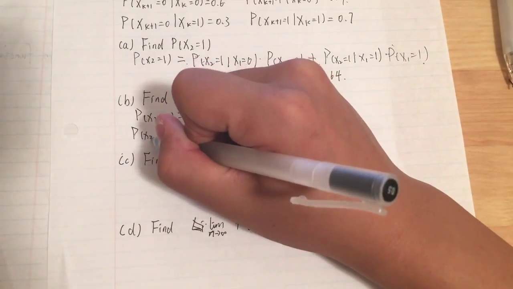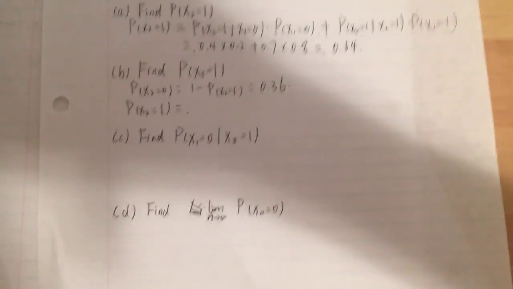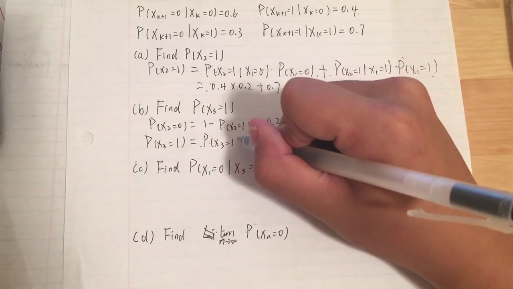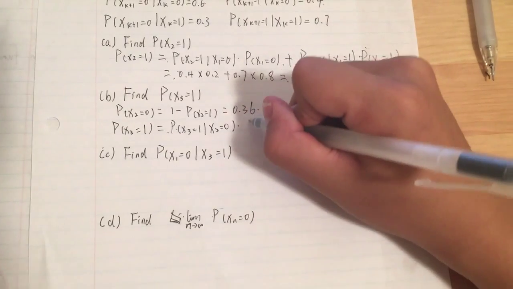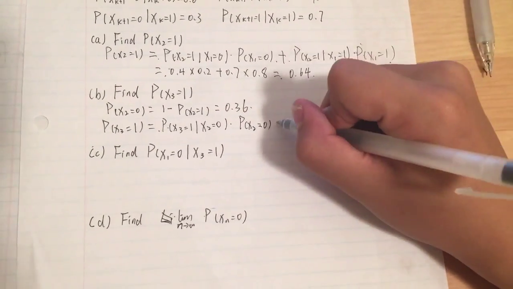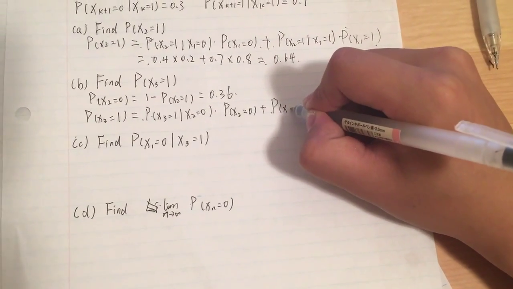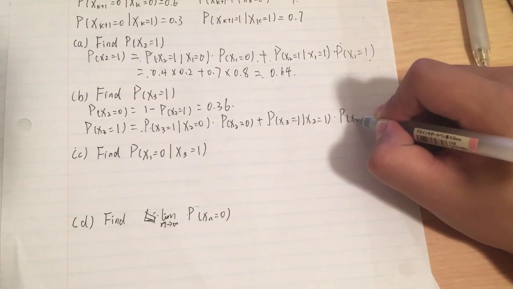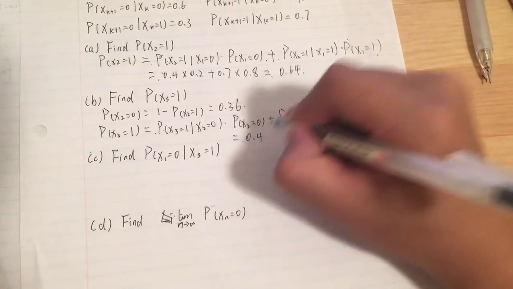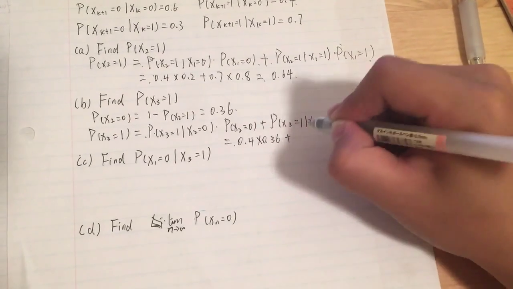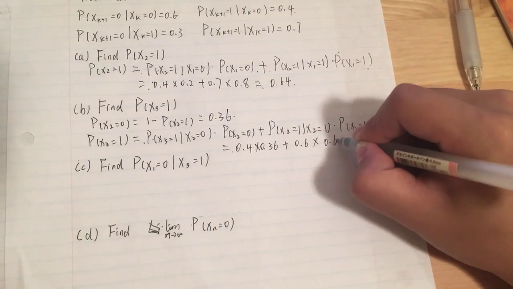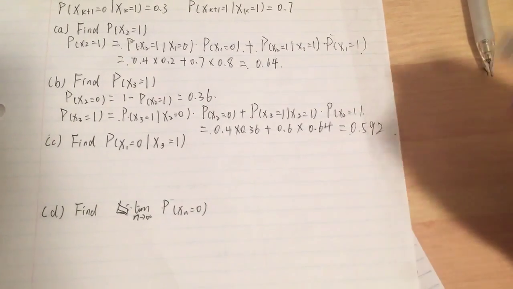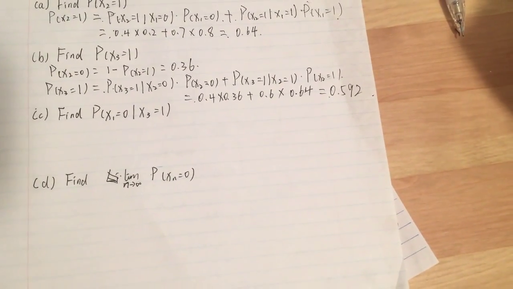And the probability of x3 = 1 equals the probability of x3 = 1 when x2 = 0 happened, multiplied by the probability of x2 = 0, plus the probability of x3 = 1 when x2 = 1 happened, multiplied by P(x2 = 1), which equals 0.4 multiplied by 0.36 plus 0.7 multiplied by 0.64, which equals 0.592.